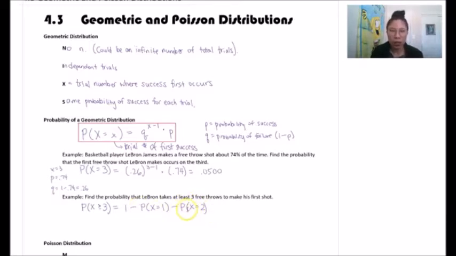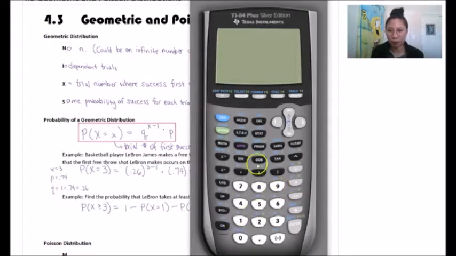So doing this, we can plug in the formula for x equals 1 and then for x equals 2, or the shortcut way would be to use our calculator, of course. When you bring up your calculator, and this will work for the first problem that we did as well, go to 2nd VARS, because this is where we found our binomial CDF and PDF.